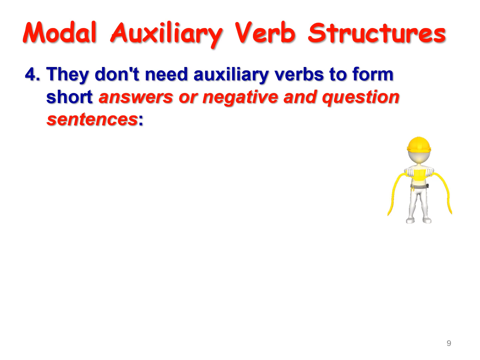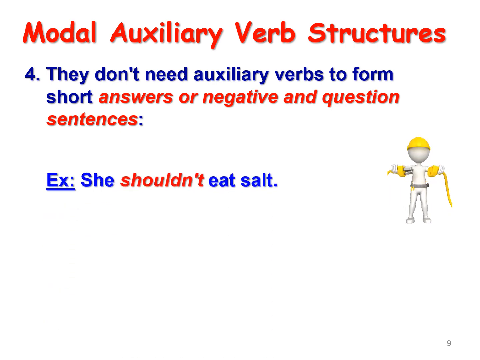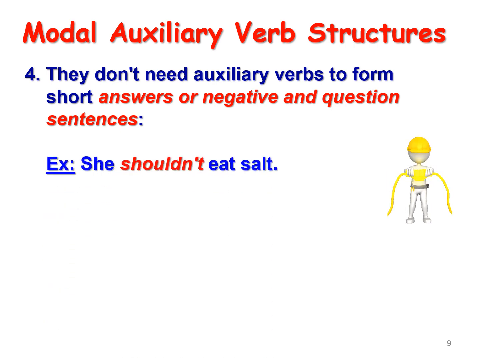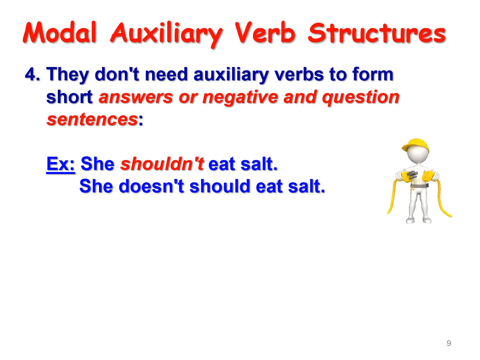That is what we call auxiliary verbs. Example: she couldn't eat salt. She couldn't eat salt. She doesn't should eat salt. Is this one correct? You can consider this for a while.